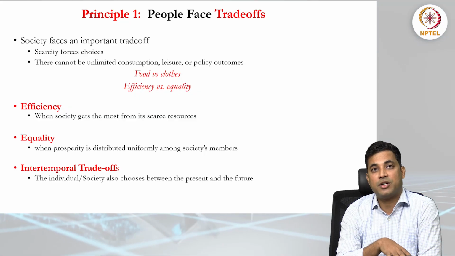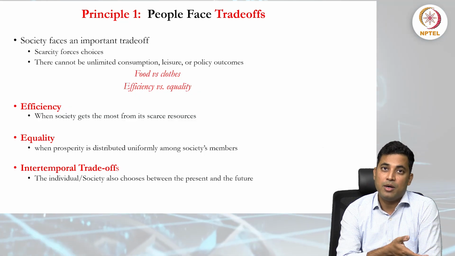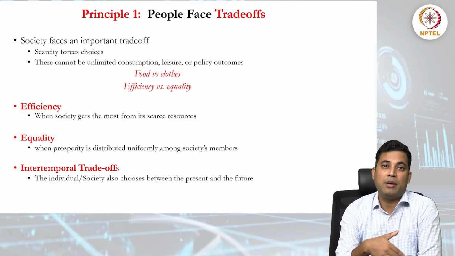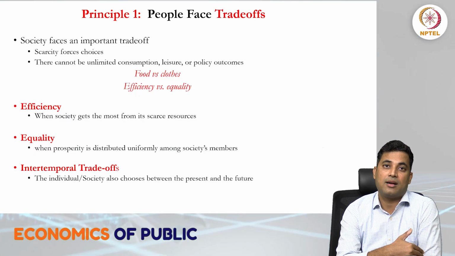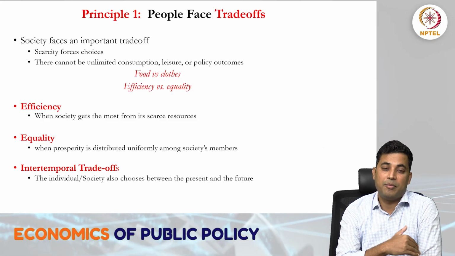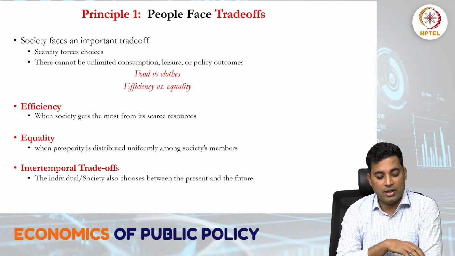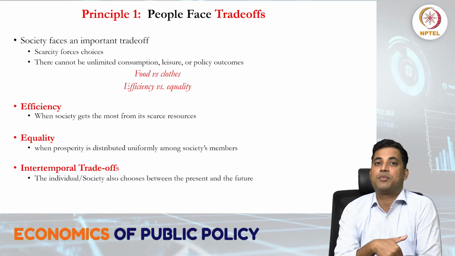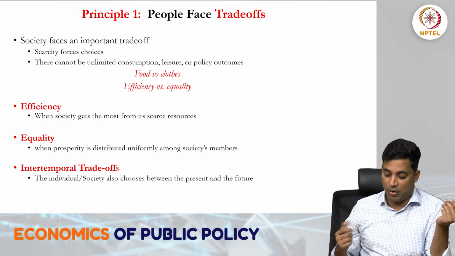Of course there is a trade-off between consumption and savings. If I want to consume more from my income, then there will be less savings, and if I emphasize more on savings, then I'll consume less in my present time. So this concept of intertemporal trade-off is important when we formulate public policy.